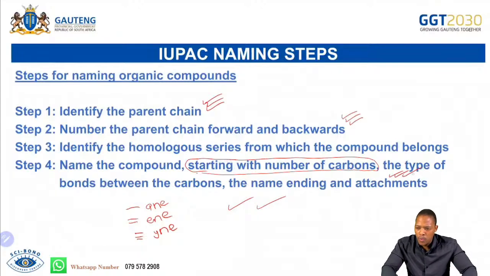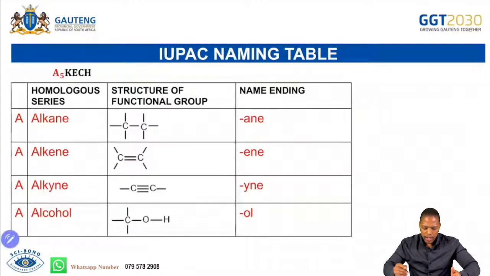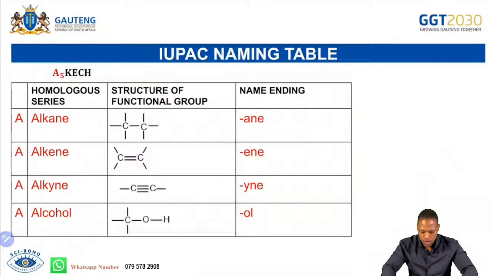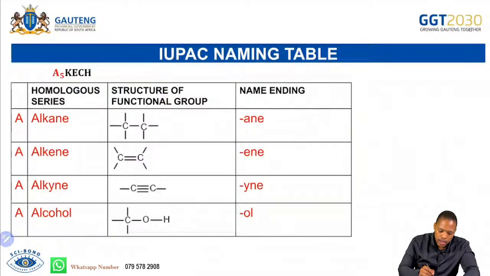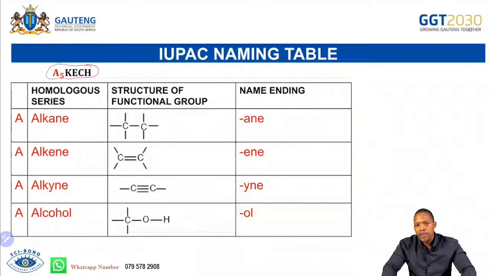But before we can do it, grade 12, I want us to look at this table that I want to accompany the steps that we have just looked at. Okay, so here's the table that I spoke of last week. Again, I called it the R5 catch table. This is my table that I use to always remember the 9 homologous series, because it's very, very difficult for some of us to remember these 9 homologous series.